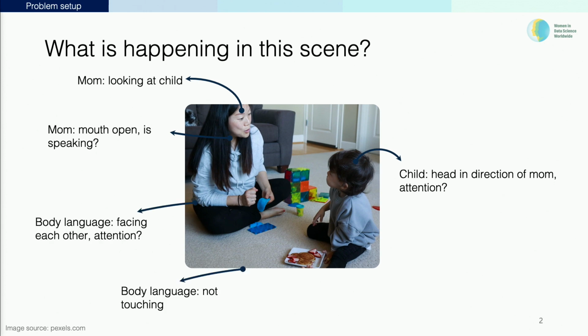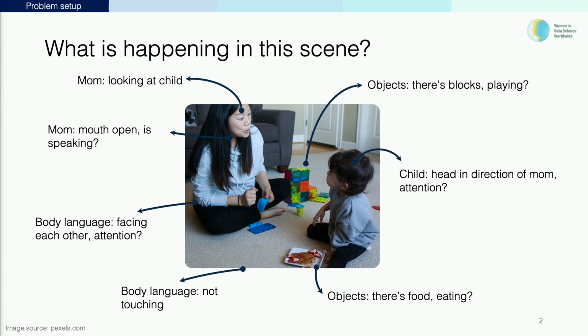The body language, are they paying attention? Are they touching? What type of interaction is this? And the objects in the scene also give us cues of context of what might be happening. All of these interactions and features are useful for child development specialists to test their hypotheses on how these parent-child interactions go.